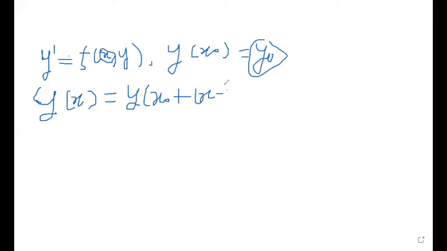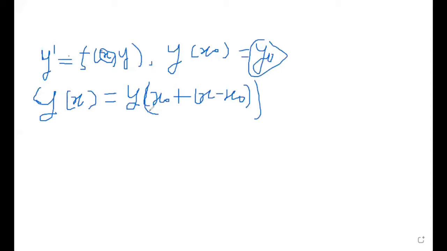This thing is clear. I know x, but I don't know the value of y at x. I don't know y at x naught, but I know y at x naught.